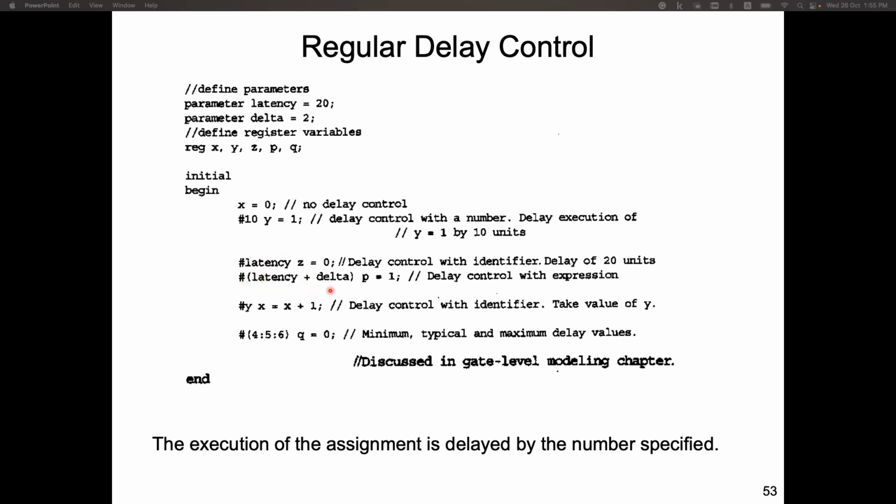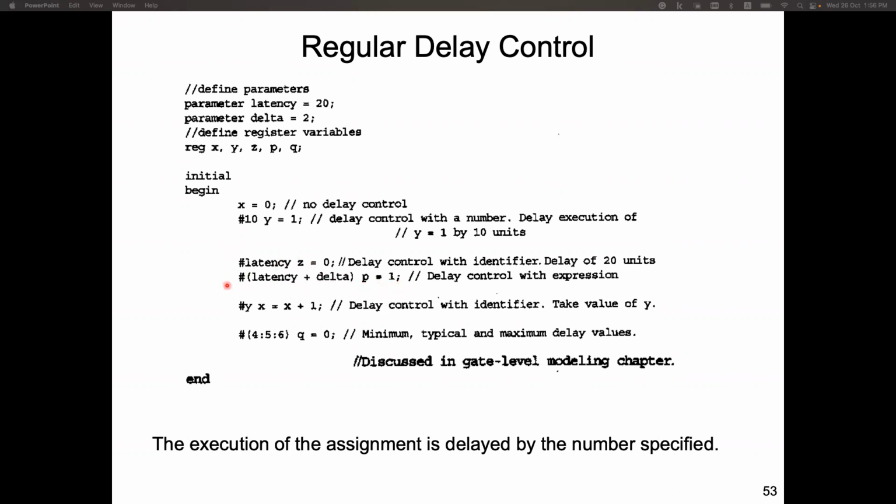Or this is another one: the delay is specified in an expression, the hash followed by an expression, latency plus delta. And after this amount of time, P is assigned 1.